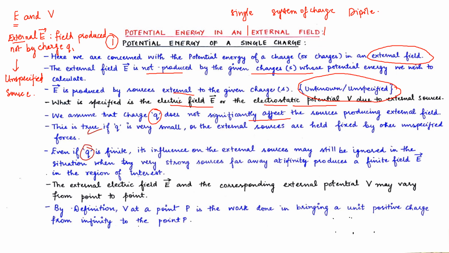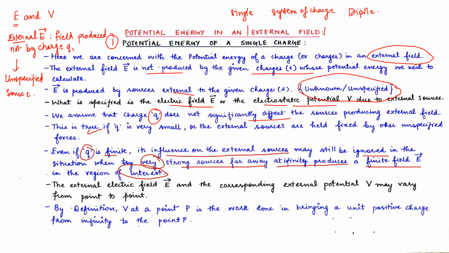Even if Q is finite, its influence on the external source may still be ignored in the situation when very strong sources, definitely away at infinity, produce a finite field E in the region of interest.